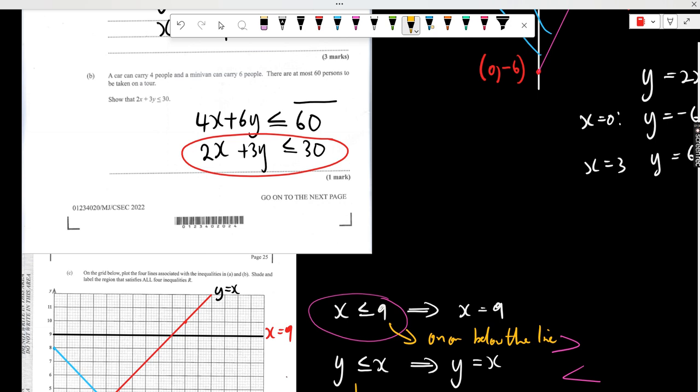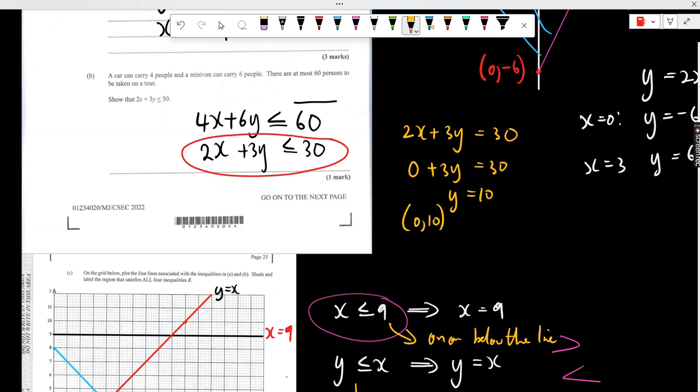So this line is 2x plus 3y equals 30. If I choose a simple value of x, I could say x equals 0. So 0 plus 3y equals 30, which means that y is equal to 10. So we have the point (0, 10).